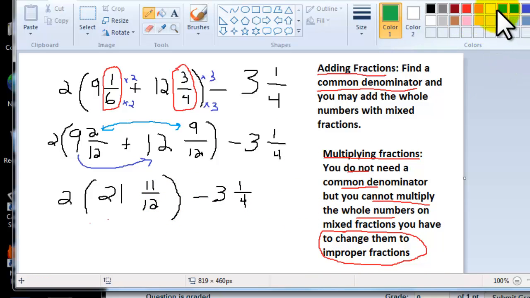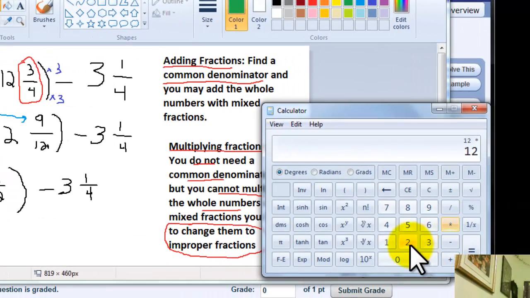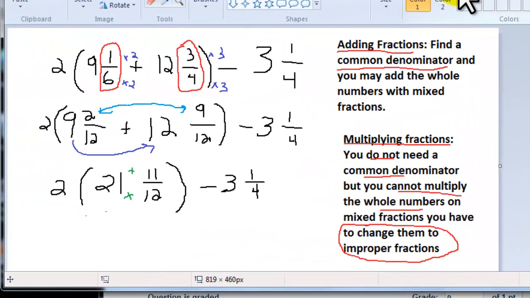We do our famous 12 times 21 plus 11. Well, we're not doing that in our heads. 12 times 21 plus 11 equals 263, yuck, 12ths.